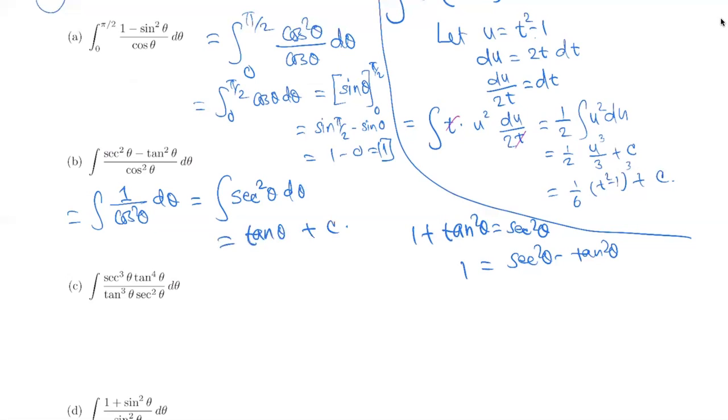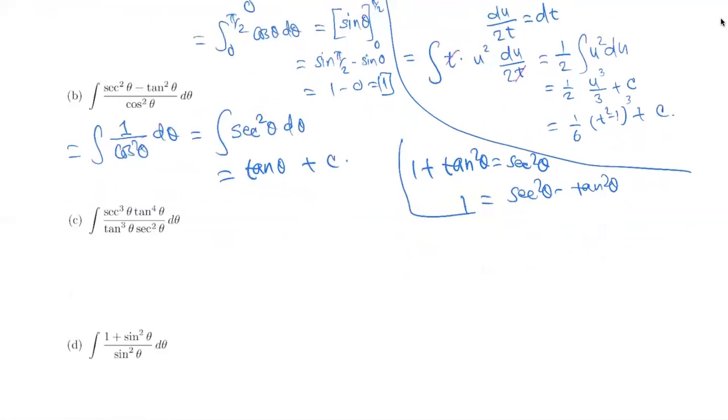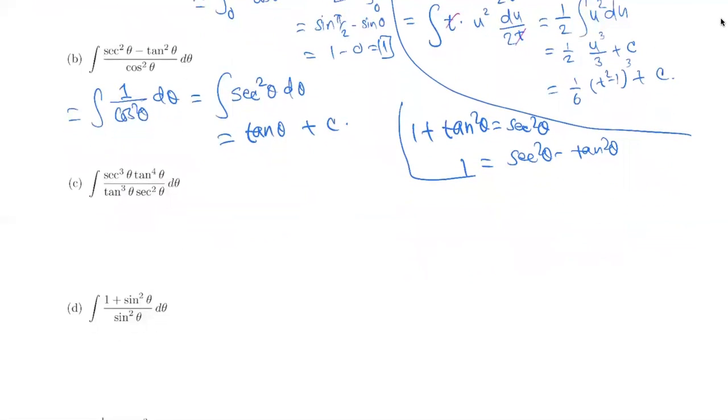Now part C. We have a product on the top and a product on the bottom. Secant cubed means secant theta three copies, tangent to the fourth means four copies, and on the bottom tangent cubed three copies and secant squared. We can cancel. Secant squared two copies, we have three on top, so one copy is left.